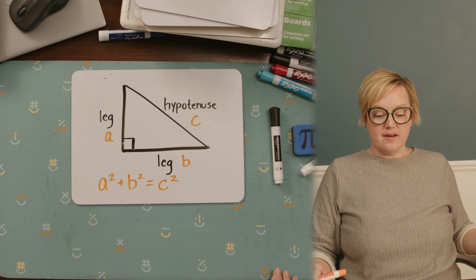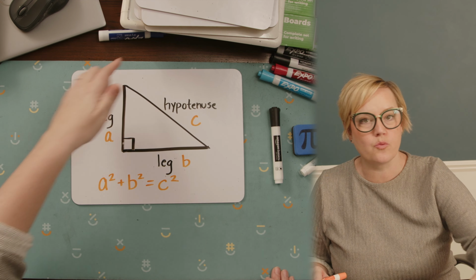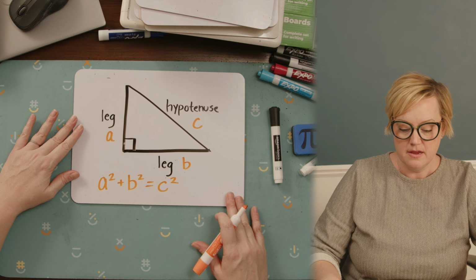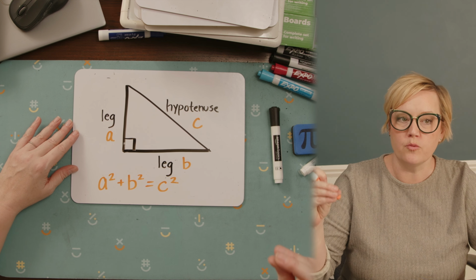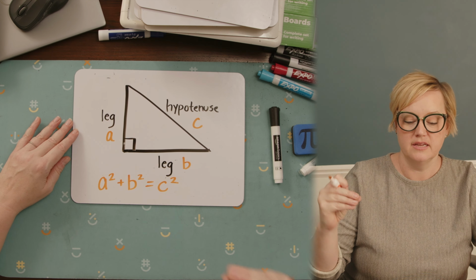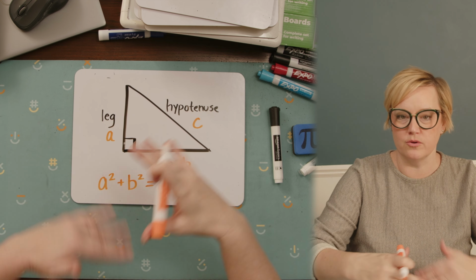It can't just be any three combination of numbers. It's a specific relationship that goes into this.